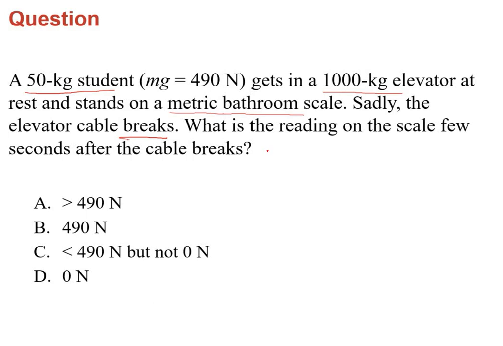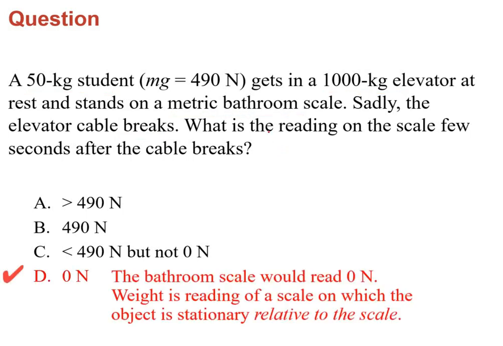What's going to be the reading on the scale? Pause the video, think about it. Okay, the answer is 0, because the person loses contact with the weighing scale, and therefore becomes weightless.